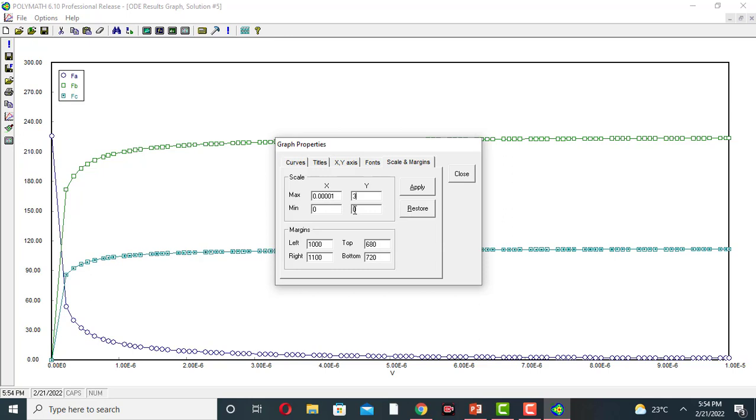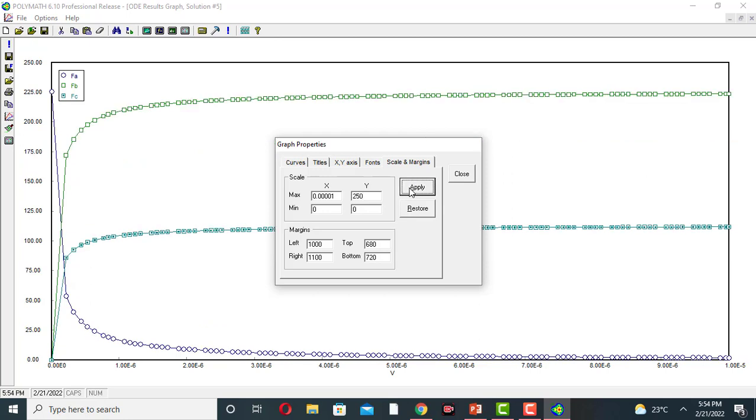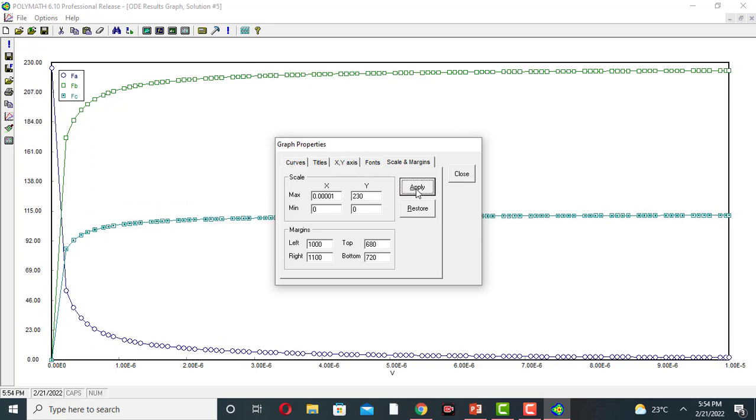The minimum value of y is 0 and the maximum value here is 300. So I want to change it to 250. You can apply 250. You can also use 230, yeah, so it's 230.